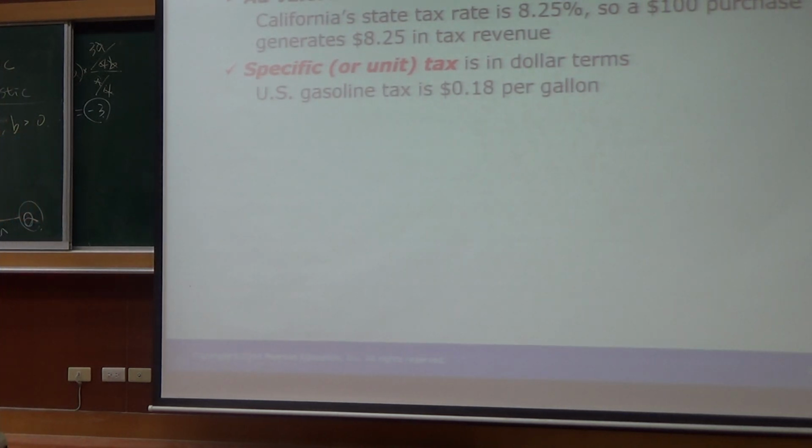For each amount, you will be charged the same. So the first one, we call it ad valorem, which we translate into according to the price. And the second one, the specific or unit tax, we call it according to the quantity.